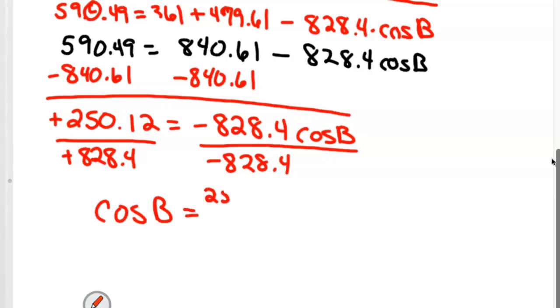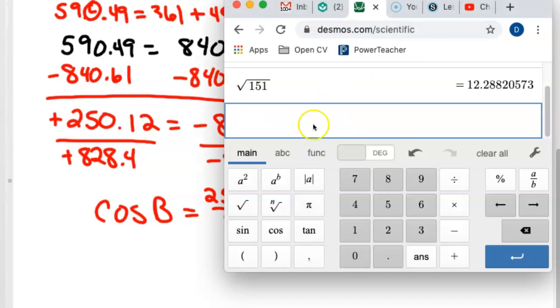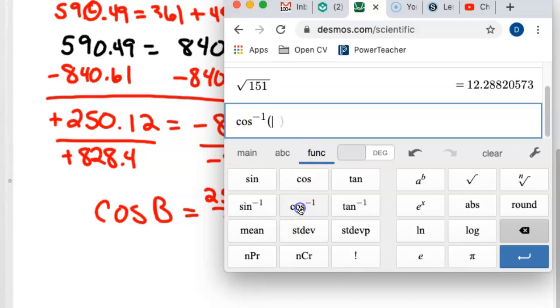So we've got cosine B equals 250.12 divided by 828.4. I'm holding off plugging that in and dividing because I want to plug all this in one step into a calculator so I don't mess up the decimals. We're looking for an angle, so remember, that's inverse cosine, and you just plug in that division problem.